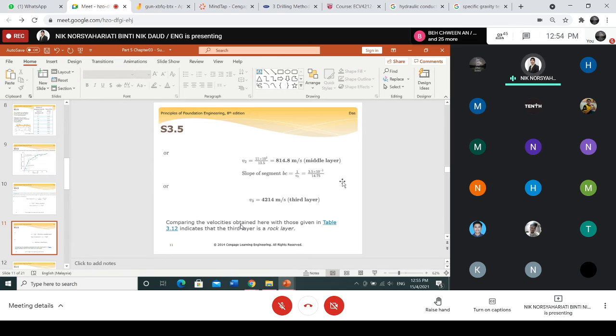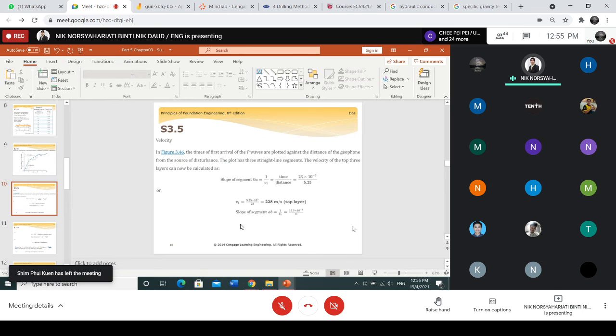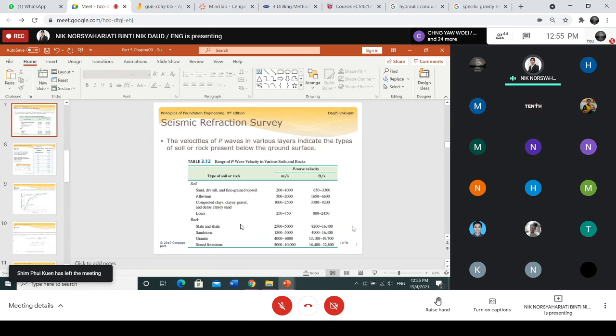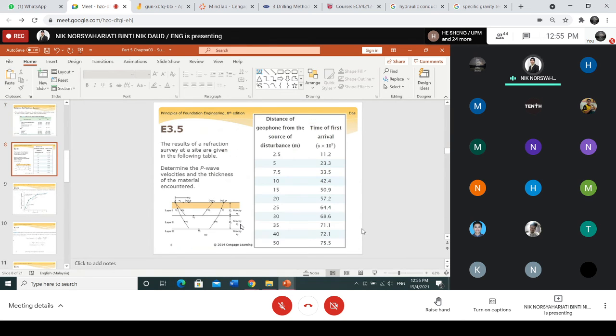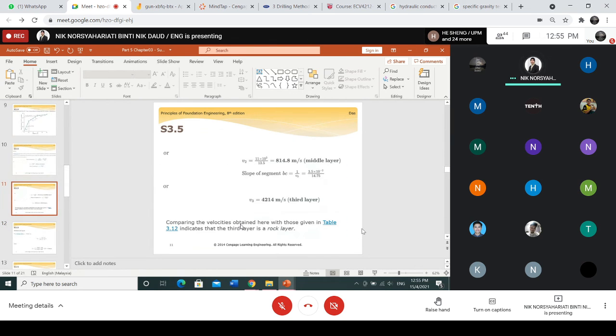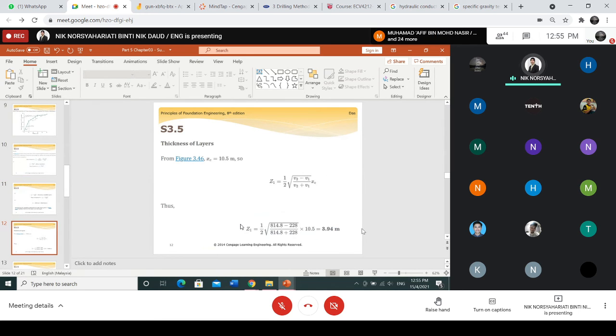Then for segment BC, which is the third layer, you get this value. Then you can compare to the table I shared here. You can check the type of soil or rock based on the P wave velocity you got.